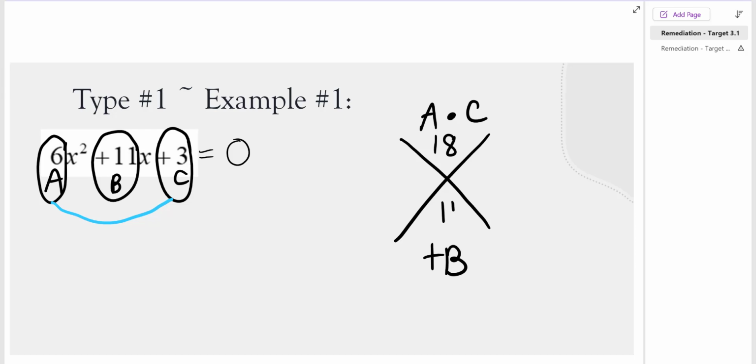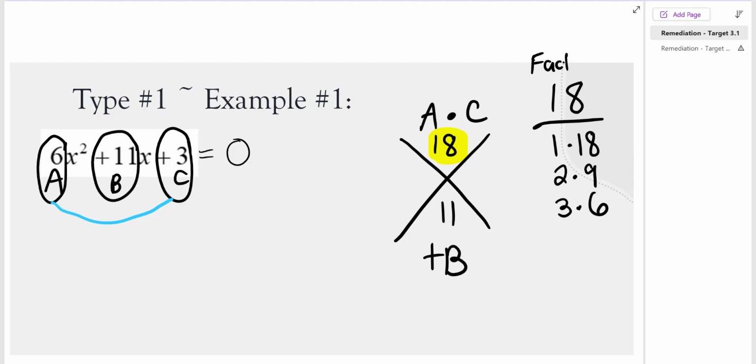B is 11. So if we're finding all the factors of the top number here is 18. So let's find the factors of 18. 1 times 18, 2 times 9, and 3 times 6. Okay, so that is finding the factors.